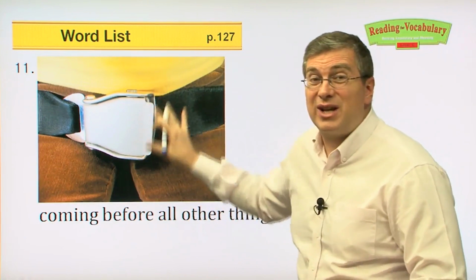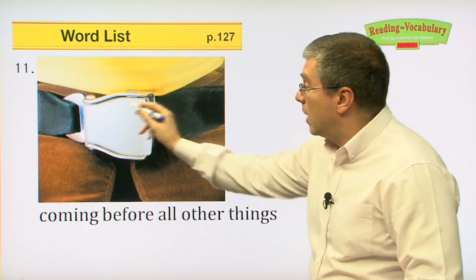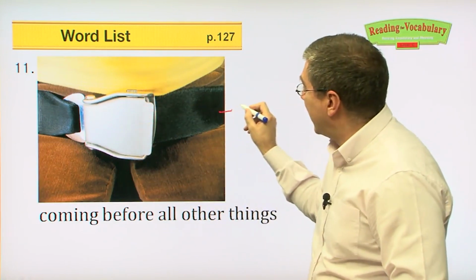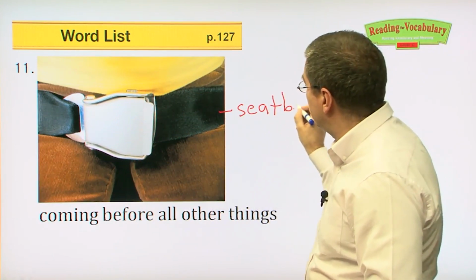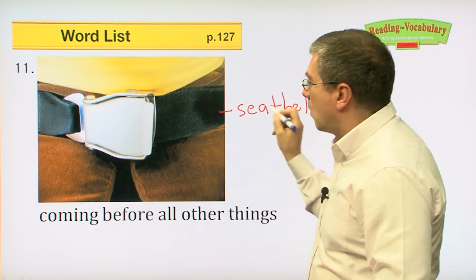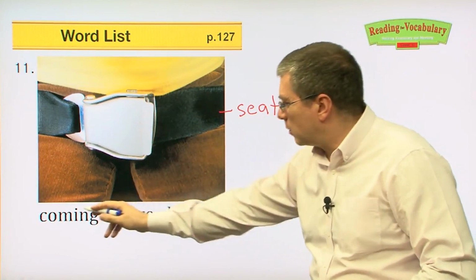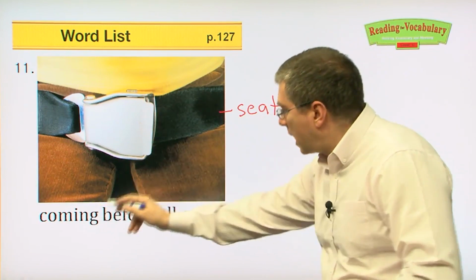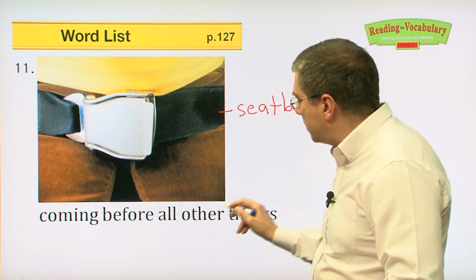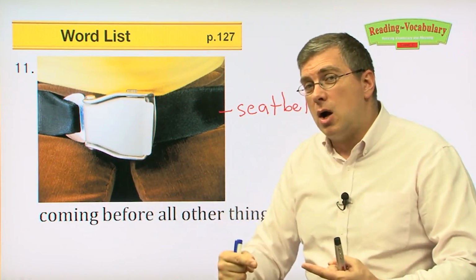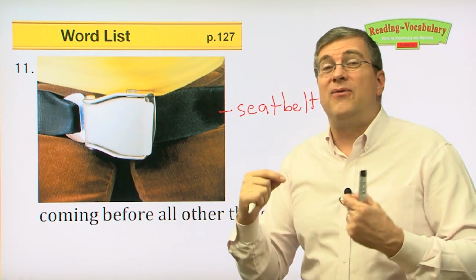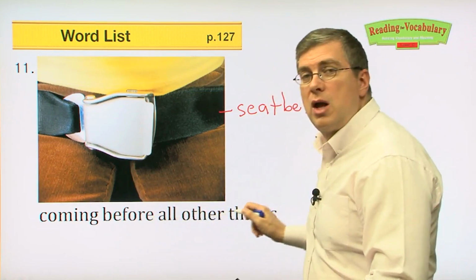Okay, this is our next word here, number 11. Now, first, let's look at the picture first. What is this? This is called a seat belt. It's one word, seat belt. Now, why is this a picture of a seat belt? Well, the definition is here, coming before all other things. So think about it. When you get in a car, what do you do before all other things?